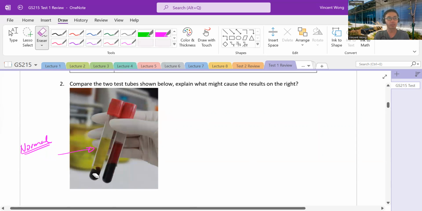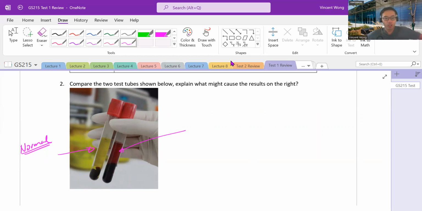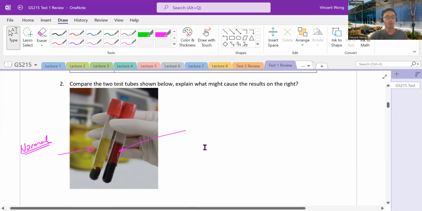You have the hematocrit at the bottom. So what's going on with this one? Any suggestions? What if I show you that picture on the test and I ask you, what's a possible explanation? Choose one of the following that best describes what took place.